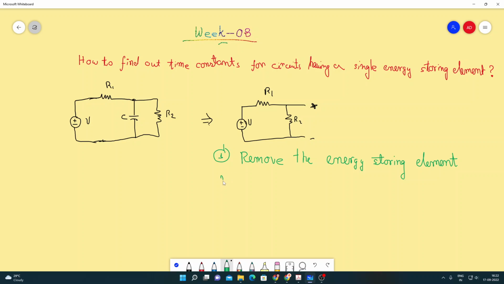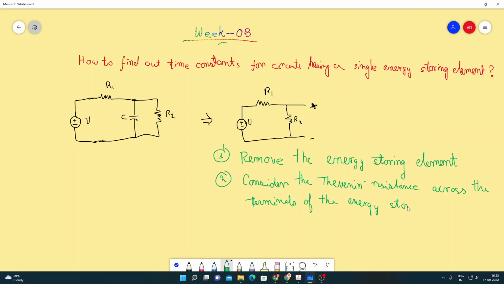Second is to consider the Thevenin resistance across the terminals of the energy storing element.